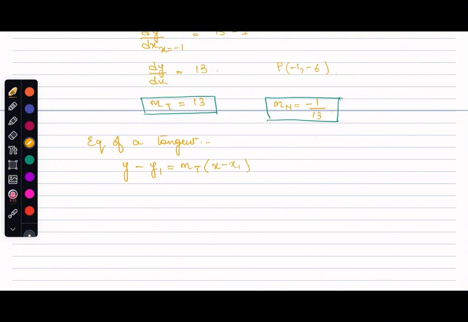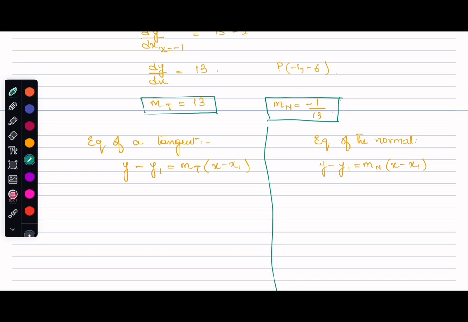And in the same manner, if I'm supposed to get the equation of the normal, then again being a straight line, it should be y minus y1 equals the gradient of the normal times x minus x1. So this is the line equation which we should be knowing to find the equation of a line here.